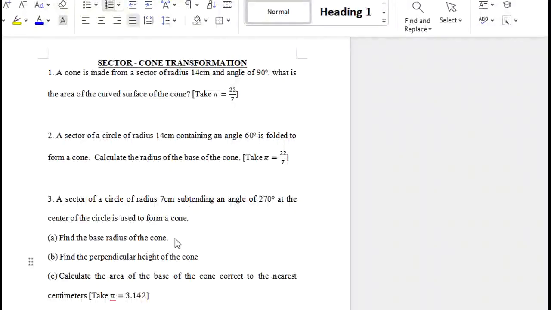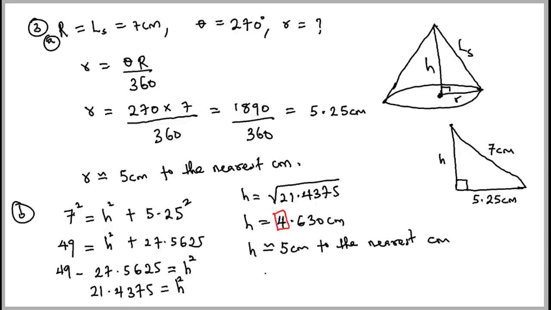I think we solved for the radius of the cone initially to give us 5.25. Always use the value that is not approximated. So we have the radius to be 5.25.